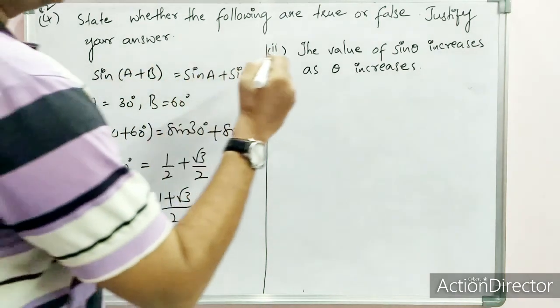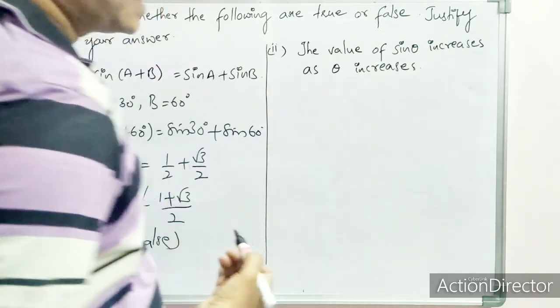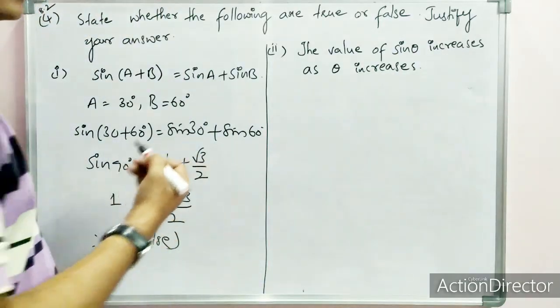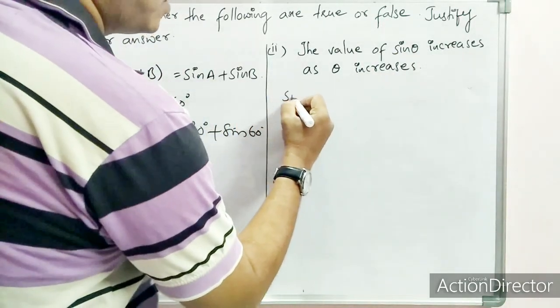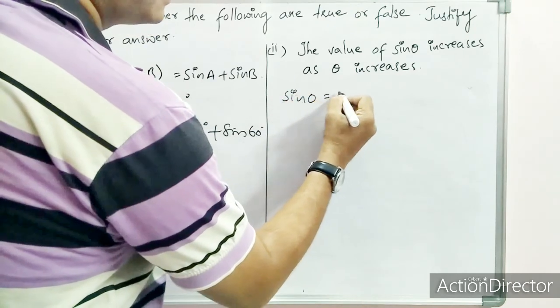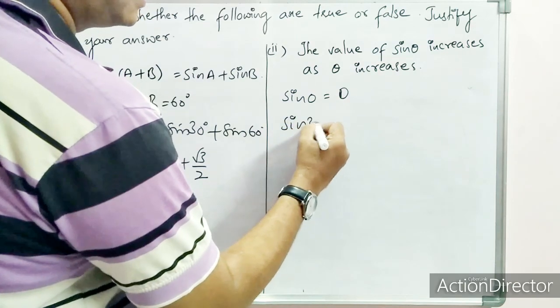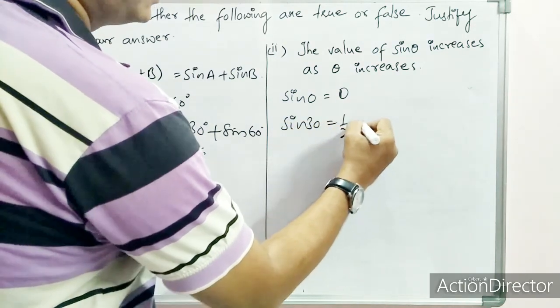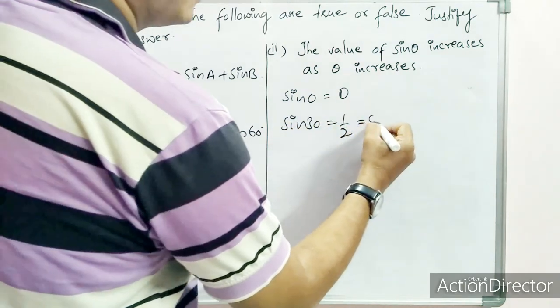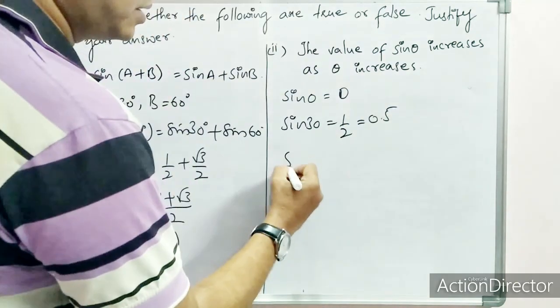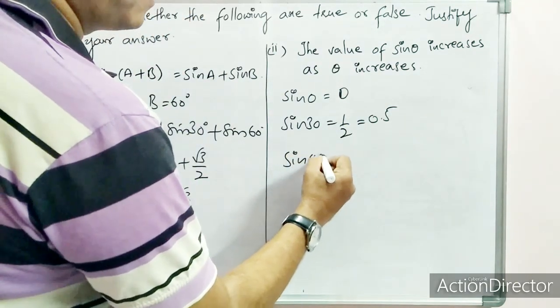Now question number 2: the value of sin theta increases as theta increases. Now we'll see, sin 0 value is 0. Sin 30 is 1 by 2, so 1 by 2 I can write as 0.5. Next sin 45.